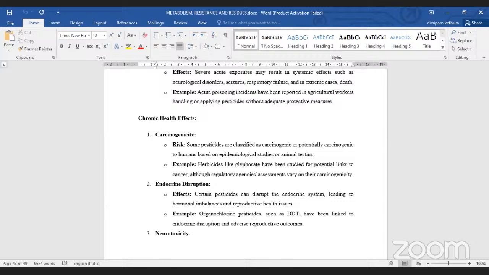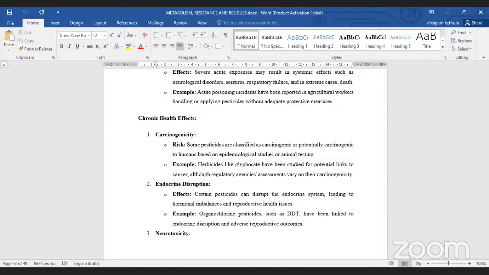These chronic effects may not appear for weeks, months, or even years after exposure, making it difficult to link health impacts to pesticides. For example, herbicides like glyphosate have been studied for potential links to cancer, although regulatory agencies' assessments vary on their carcinogenicity.